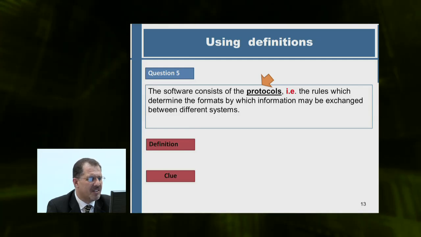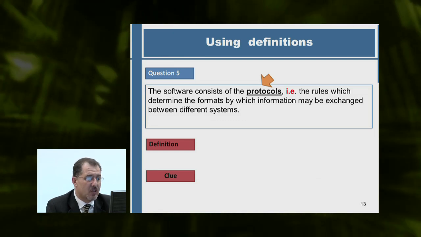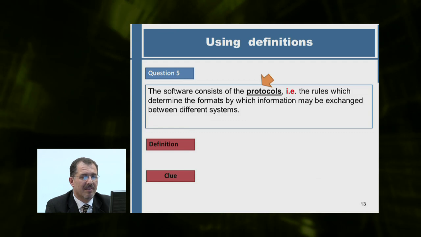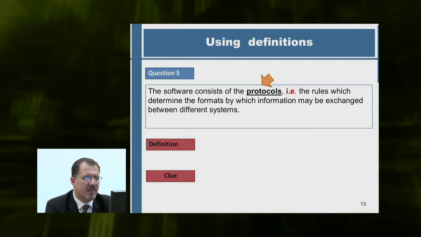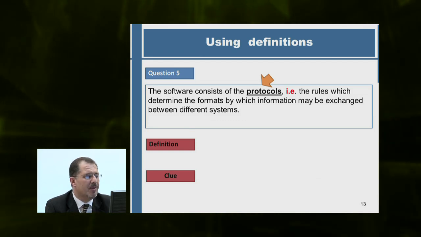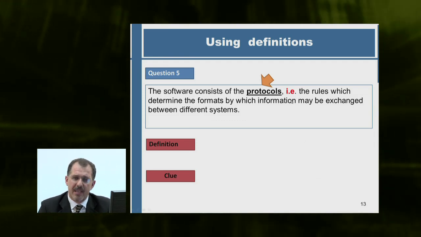Now, question 5. Let's read the question. The software consists of protocols, that is to say, the rules which determine the formats by which information may be exchanged between different systems. Again, the software consists of protocols, that is to say, the rules which determine the formats by which information may be exchanged between different systems. Now, we have a clue here, "that is to say."